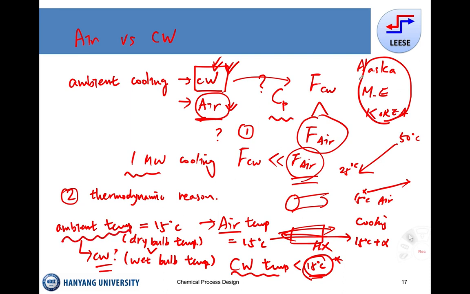In Alaska, the temperature might be maybe 2 degrees C. In the Middle East, it might be 30 degrees C. In Korea, maybe 15 degrees C in the fall, and in the summer it might be 25 degrees C, okay? So it's a geographically specific number. You should be very careful in selecting the source of the water and the use of the water for cooling, okay?